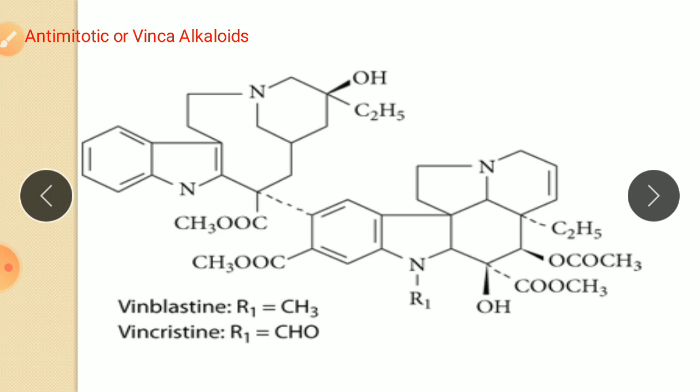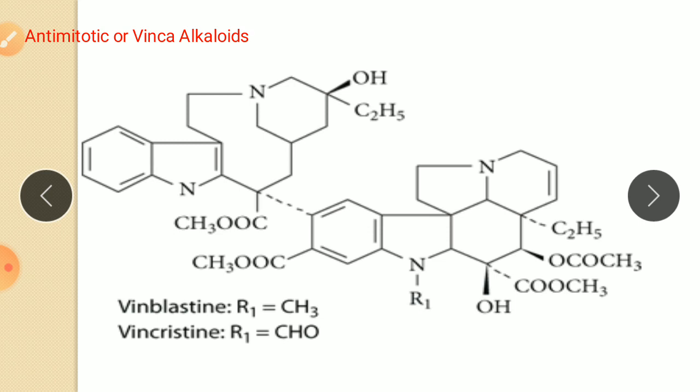So as we know, in the cell cycle there is a mitotic spindle which is responsible for the shape of the cell and also involved in the movement of chromosomes during mitosis, that is division of the cell.